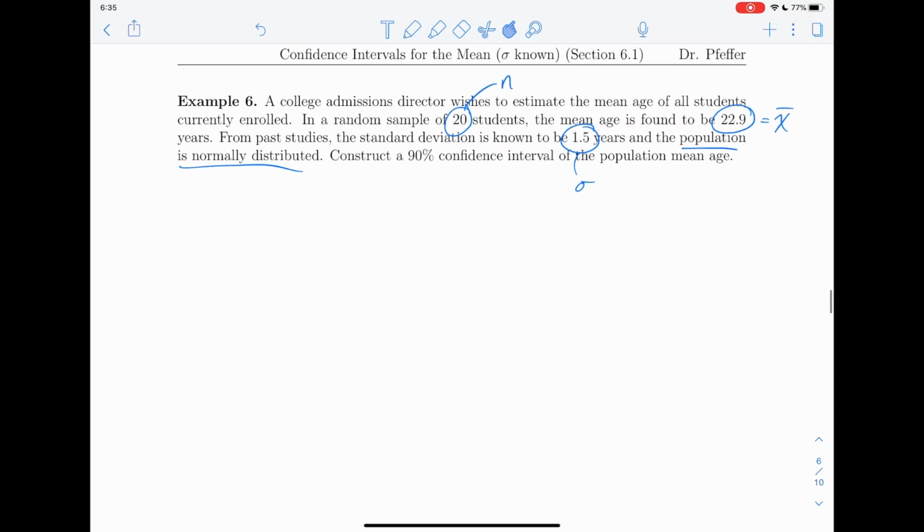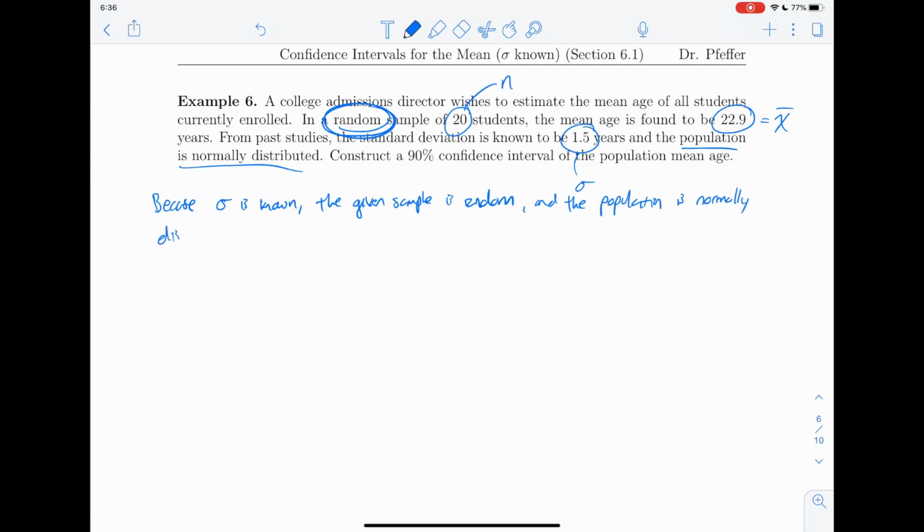What we're going to have to write down here is something along the following lines. Because sigma is known, the given sample is random, it's taken right there, and the population is normally distributed, all the hypotheses from step 1 of the checklist hold.